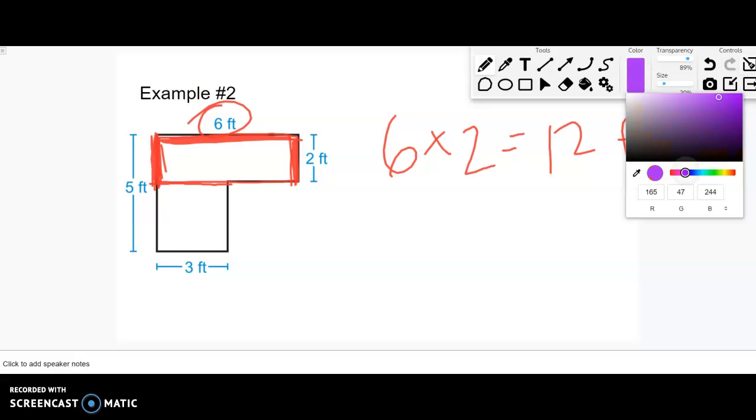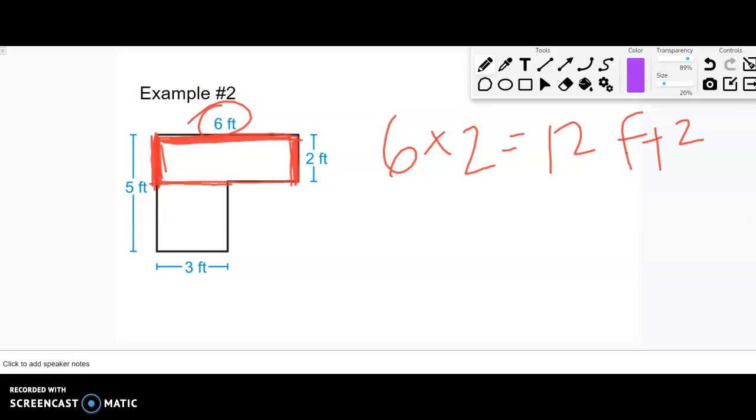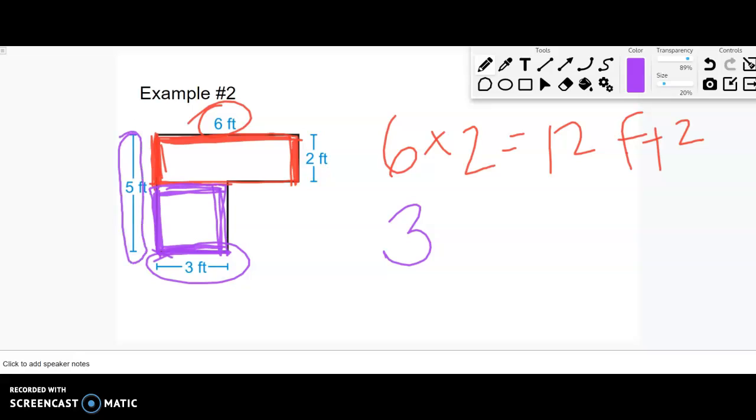You don't have to switch colors. I'm just doing that because it's easier to see which one I'm talking about. Then I have this bottom rectangle down here. Do I know how wide it is? I can see that's 3. That's that whole side. Do I know how tall it is? Well, remember, 5 is this whole thing, this and this, so I don't know how tall this bottom one is.